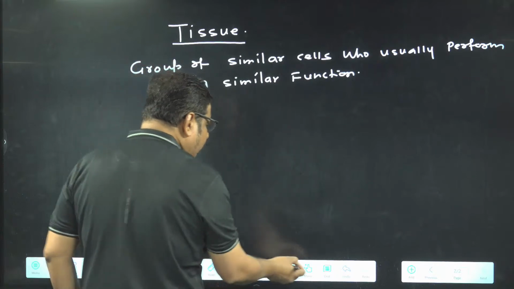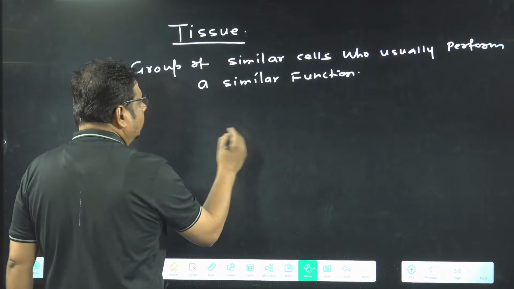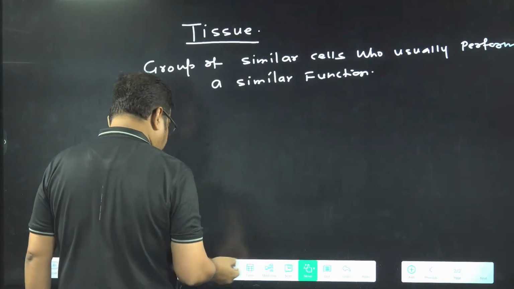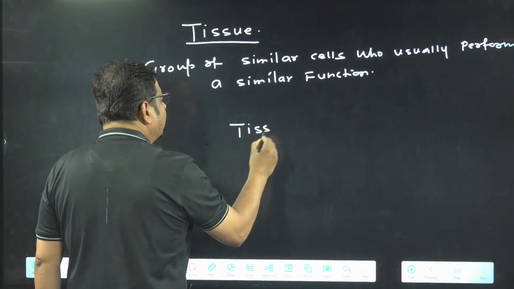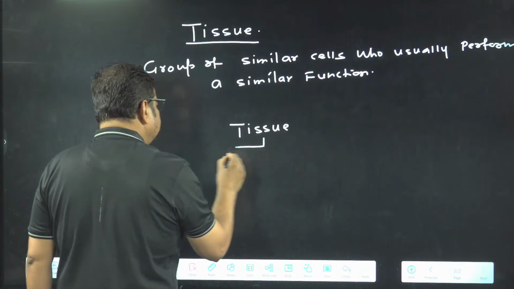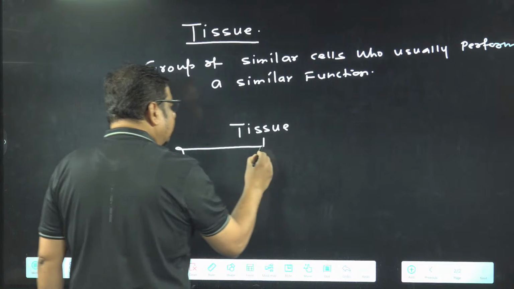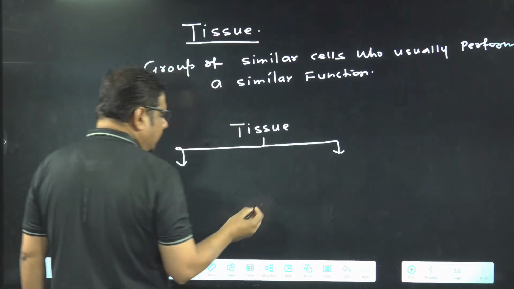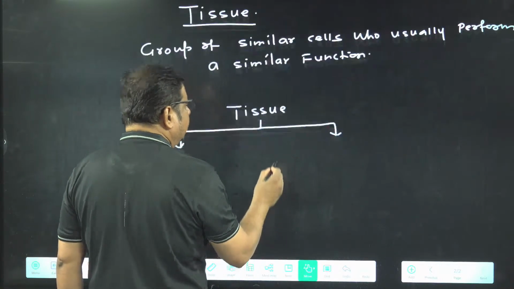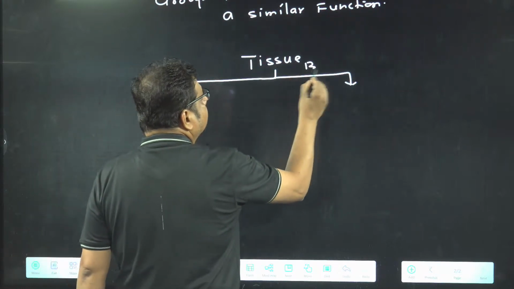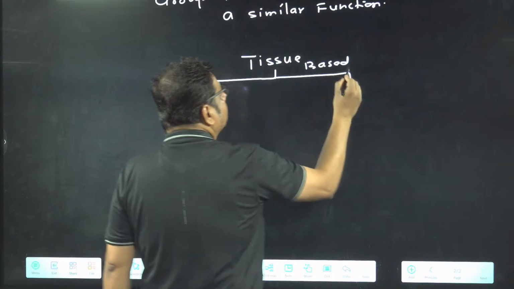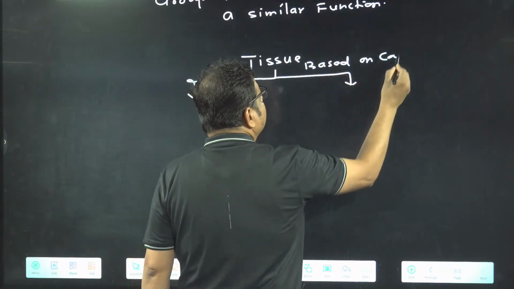Now if we talk about the tissue types, there are two types of tissue based on capacity of division in plants. What is the criterion? Based on capacity of division.